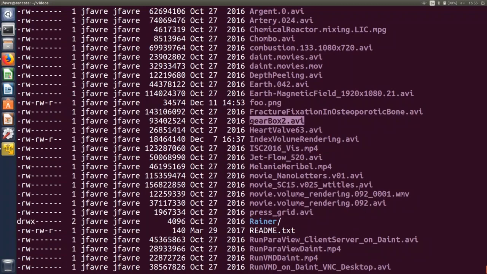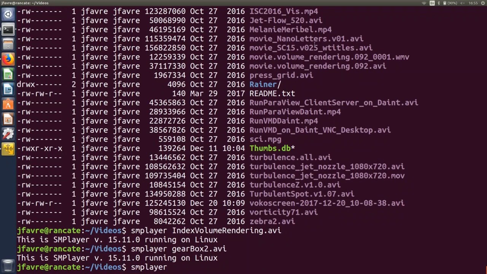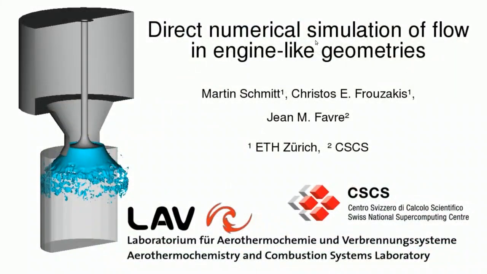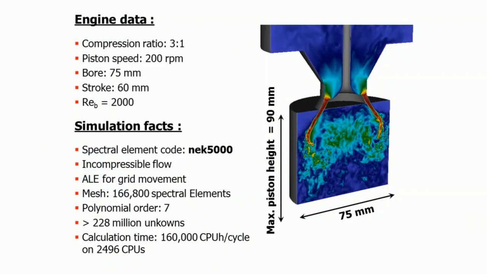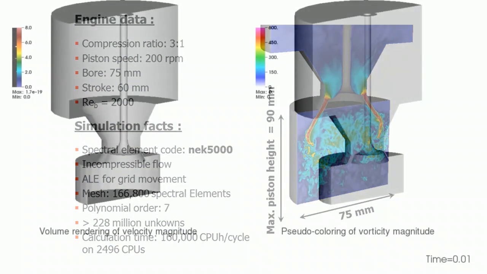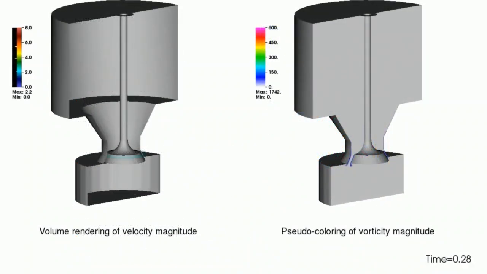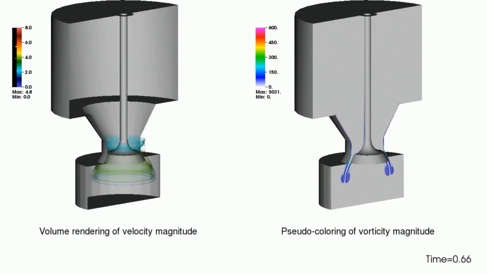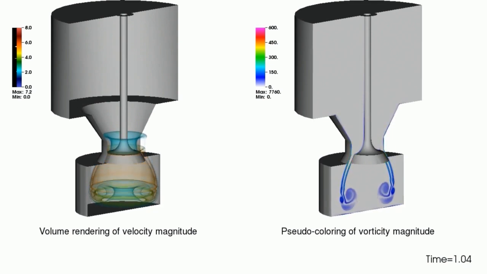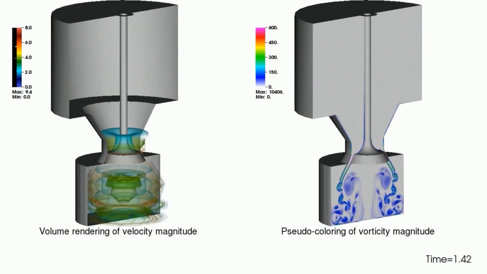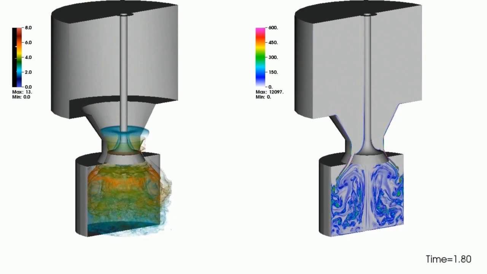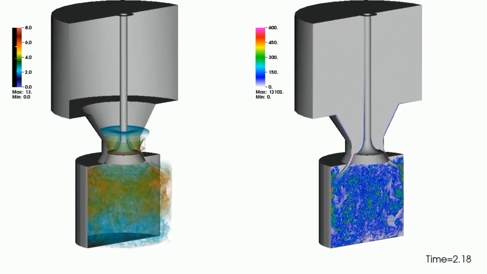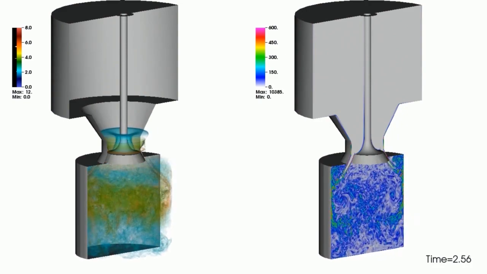I wanted to show you earlier the combustion video. At the coffee pause, I said that volume rendering with VisIt was extremely slow. This is one of them that took a long time to compute. What we see here on the left side is the volume rendering of the velocity magnitude. So it's possible, but it's really very compute heavy.